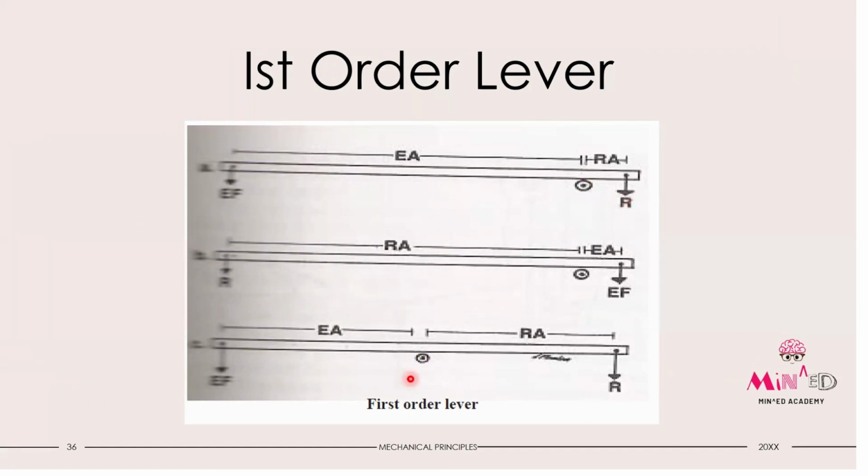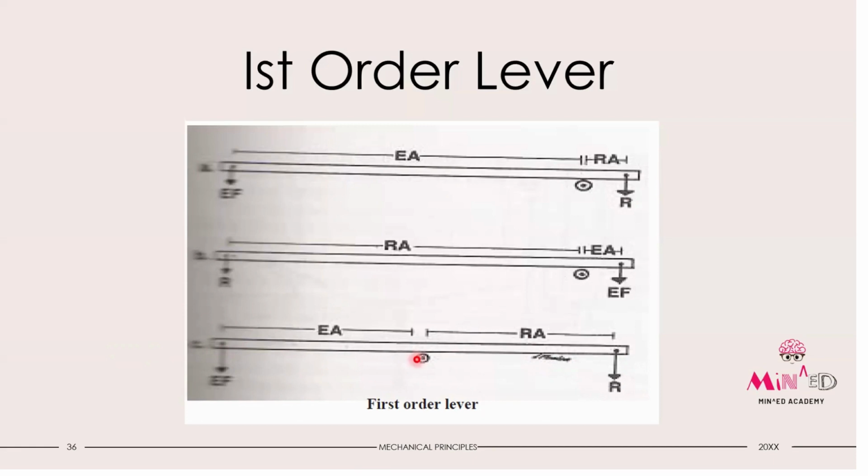Normally you can see this fulcrum is in the middle, effort is here, resistance or load is here. So the distance between the effort and the fulcrum is known as effort arm, EA, and the distance between fulcrum and the resistance or load is known as resistance arm. So this is the normal main lever.